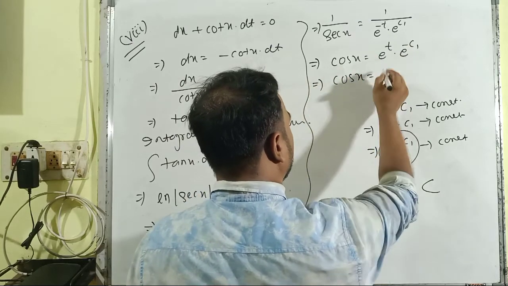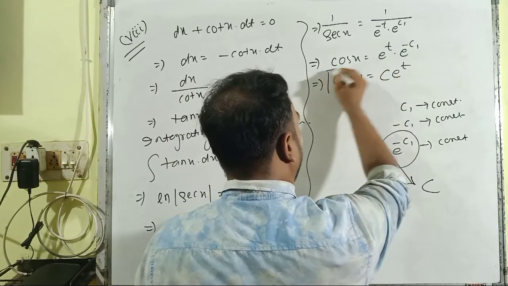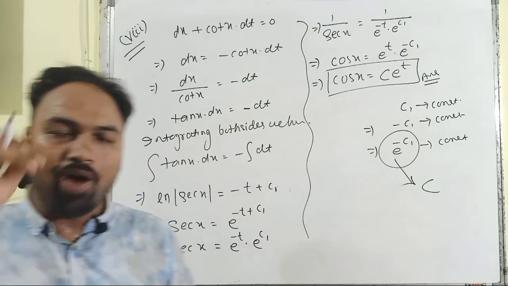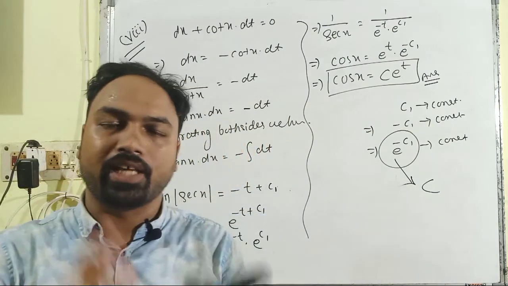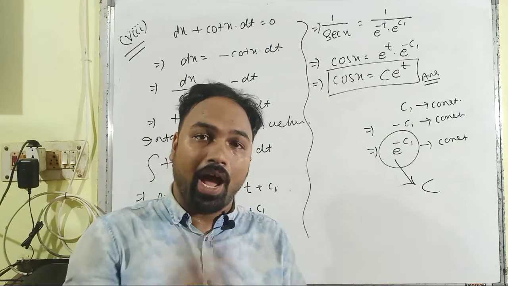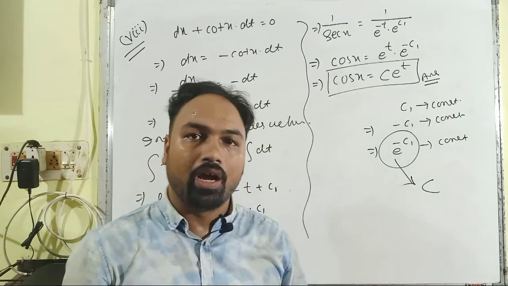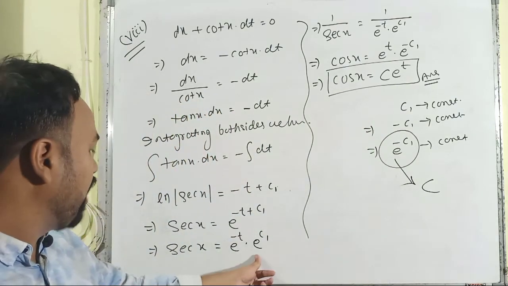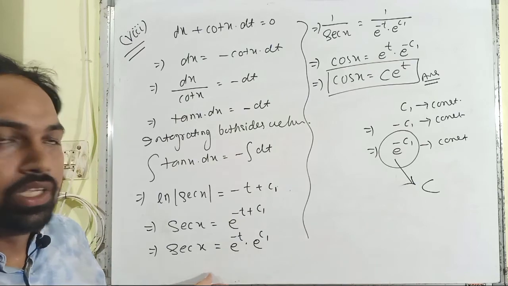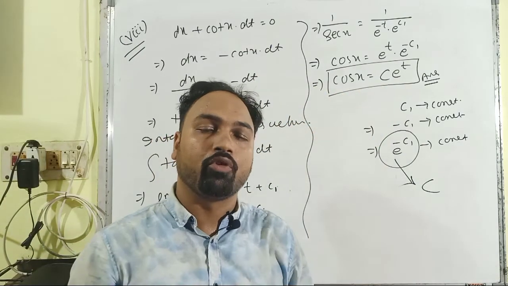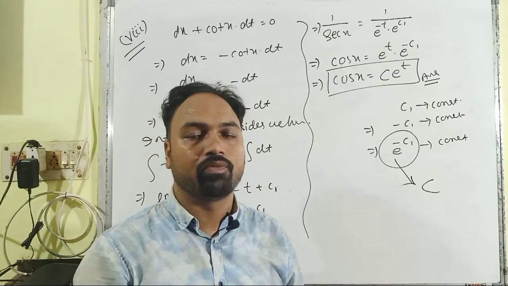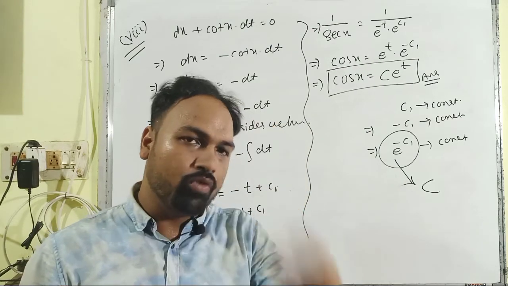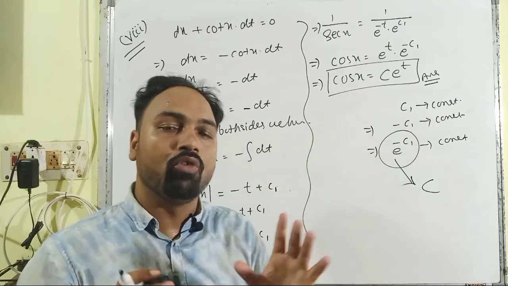So it will be c e to the power t, and this will be your final answer for this problem, because you have to arrive at the exact answer, and you can see that this is in your answer book. You cannot skip the problem at an earlier step. You have to arrive at this step so that the solution is complete for the given problem. And you can see that this is in your exercise book. So you must arrive at that place so that full marks can be obtained.